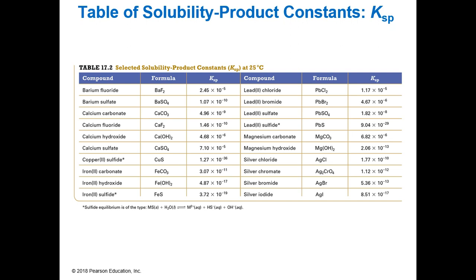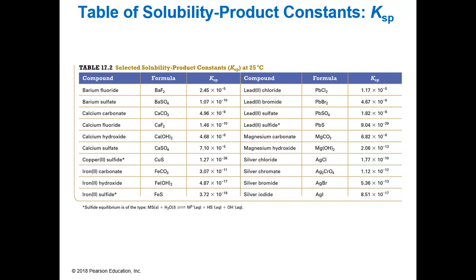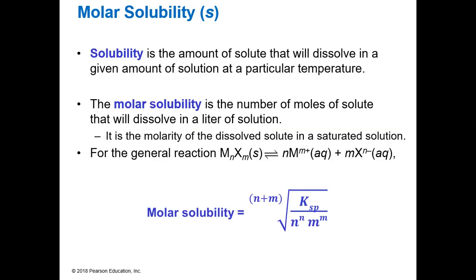So we're looking at lead 2 chloride. If we look at the top right, lead 2 chloride has a KSP of 1.17 times 10 to the negative fifth. So we can use that KSP value to determine the solubility of lead 2 chloride.